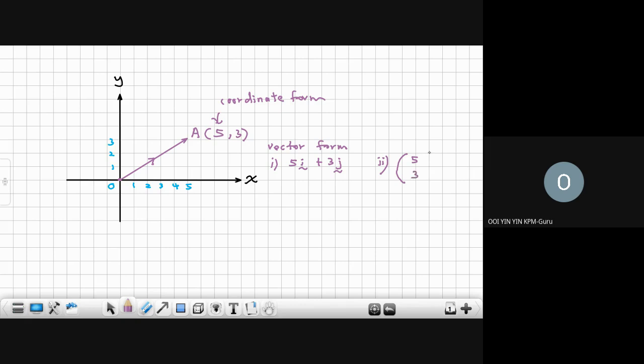If you write in this form, no need to put your i and j, you just write the number. To the right is positive, to the left negative. The upper one is left or right: right is plus, left is minus. Then below here is up or down: positive up, negative down.